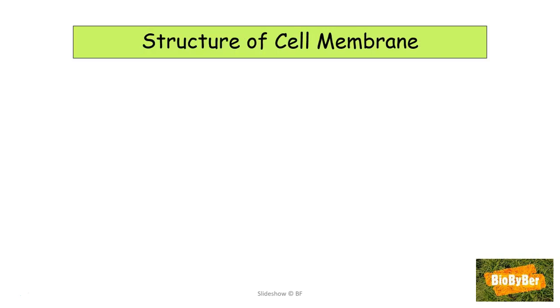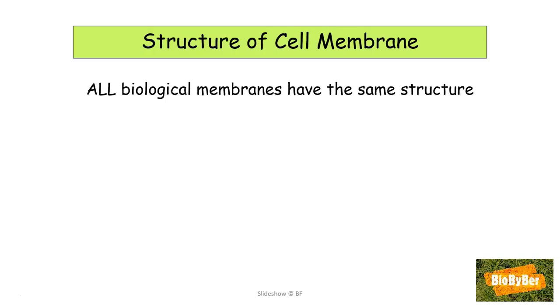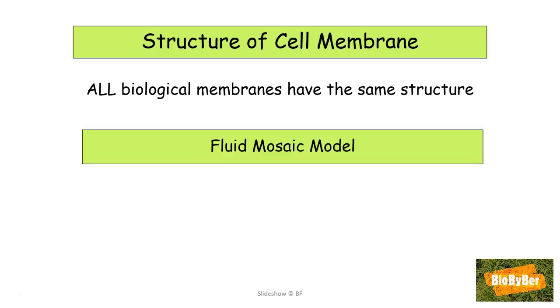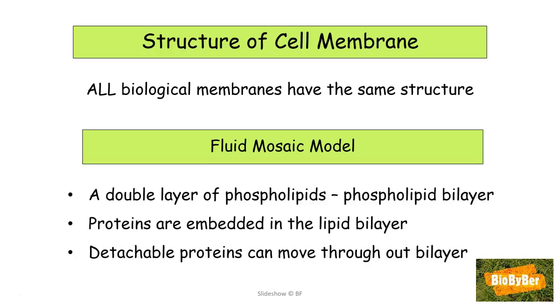So in a nutshell, what is the structure of the cell membrane? Well, all biological membranes, it doesn't matter whether they are cell membranes or membranes around chloroplasts or membranes around nuclei, all biological membranes have the same structure. The structure is referred to as the fluid mosaic model.